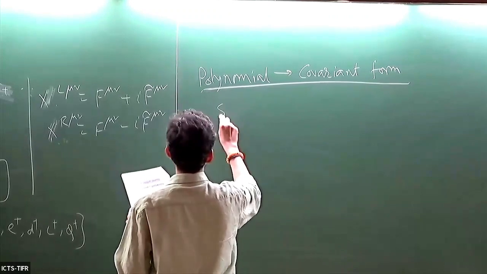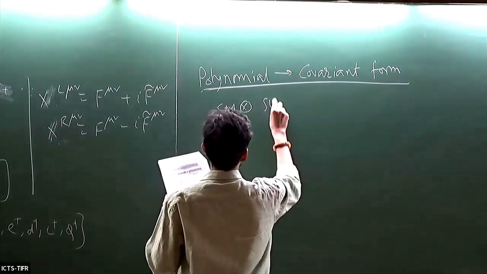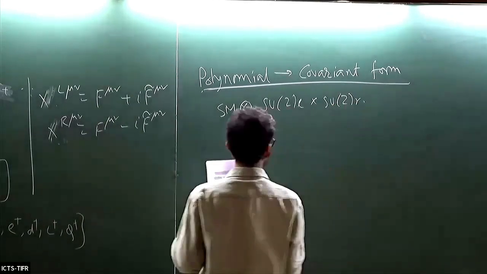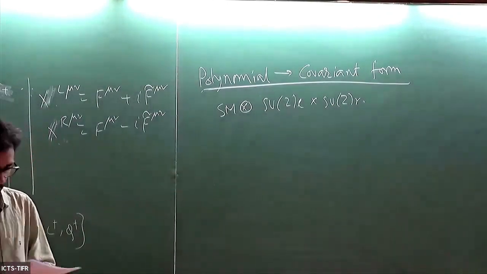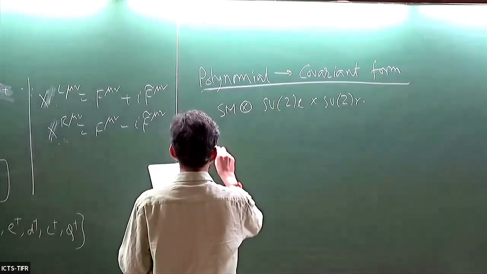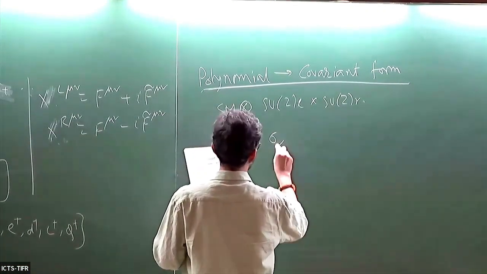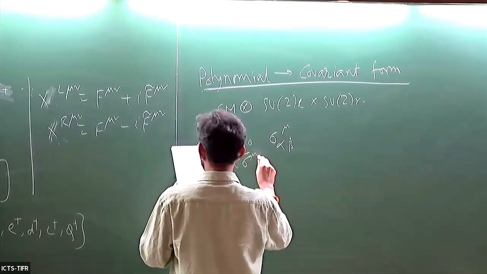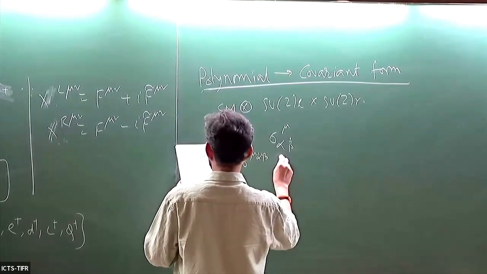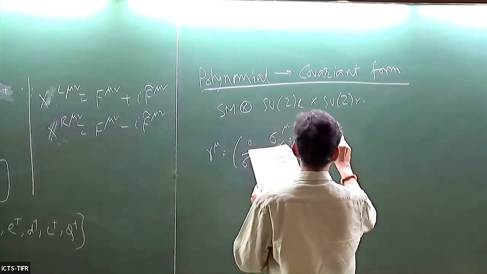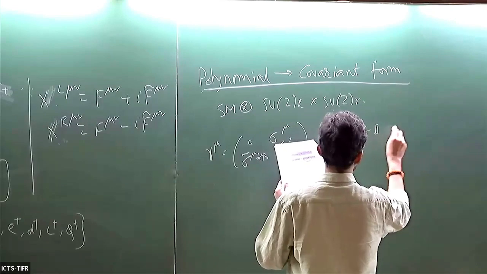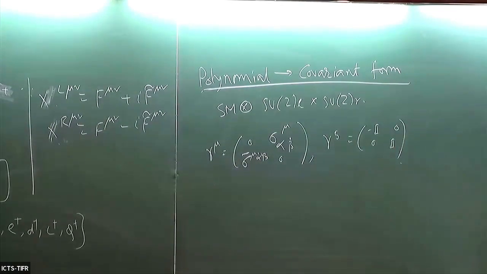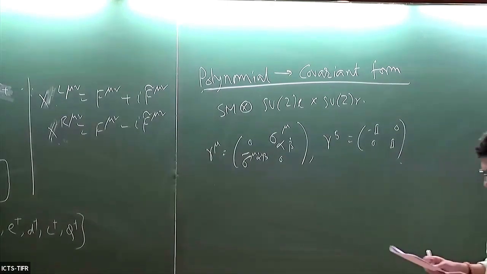The basis that we are working in is the standard model gauge group and SU(2)L times SU(2)R, right? My gamma mu is defined in terms of sigma mu and sigma bar mu with dotted and undotted indices alpha dot beta, and gamma 5 is minus. I hope now you are familiar with dotted and undotted indices, which is why I'm using them.